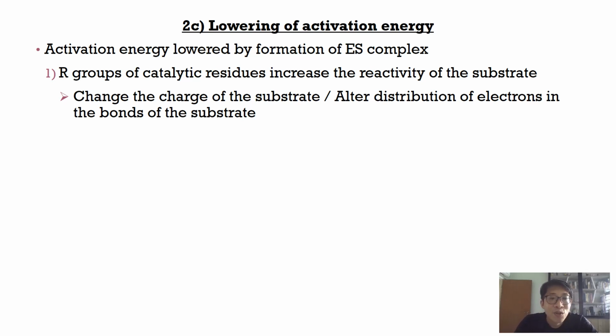So the substrate is brought closer to the catalytic residues. And when they are close together, the R groups of the catalytic residues, which are usually charged, would be able to influence and alter the distribution of electrons and change the charge of the substrate. And that makes the substrate more reactive.